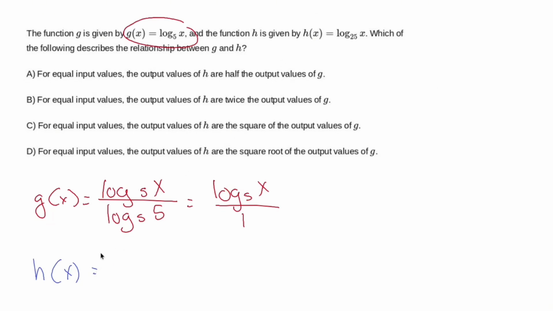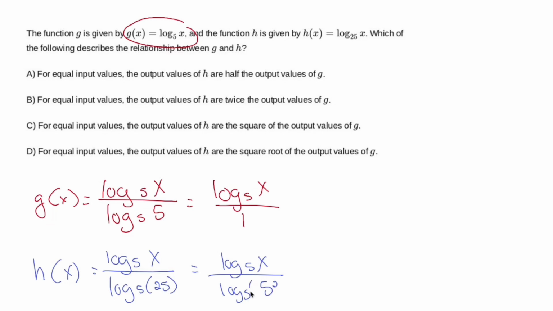h of x, if I continue with the log base 5 trend, would be log base 5 of x over log base 5 of 25. Now, log base 5 of 25 is log base 5 of 5 squared.